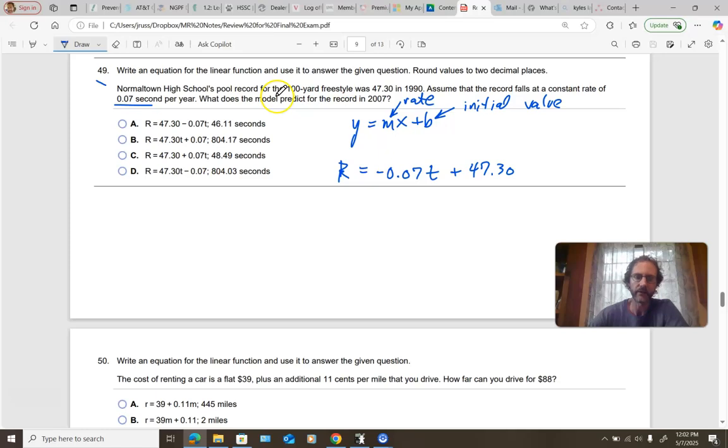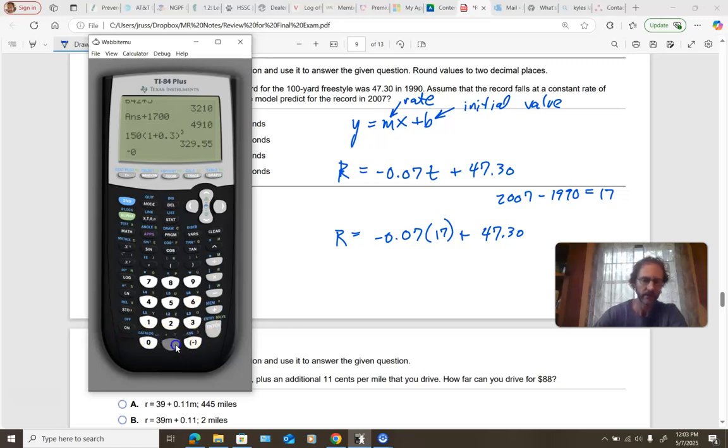to find the prediction for the record in 2007, well, that would be 17 years from 1990. 2007 minus 1990 is 17 years. So to actually evaluate this, or make a prediction, you'd plug in 17 years for time, your independent variable. You can plug all this into your calculator.